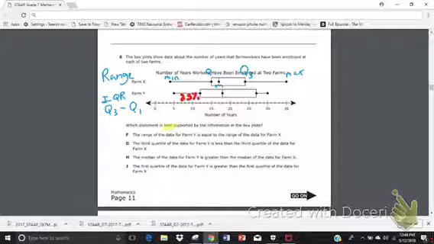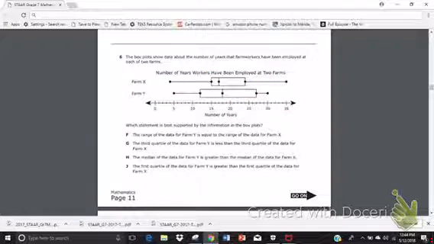So that's 25% of the data, that's 25% of the data, that's 25% of the data, and that right there is 25% of the data. Just giving you guys some refreshers on that. So once again, that's my min, that's Q1, that's my median, that's Q3, and here's my max.